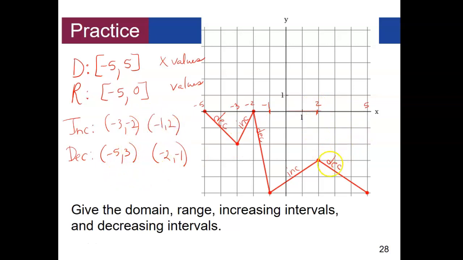And then it's going to decrease again from 2 to 5. Okay, and so we want to union all of these together, and that'll give us our answer. Notice it didn't really matter what the y's were on any of these. It was only the x's that we were using to give our increasing and decreasing intervals.